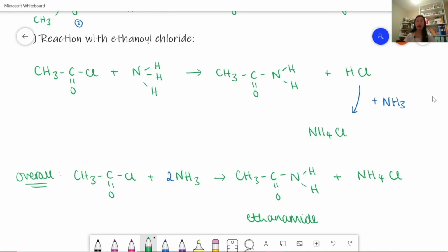So again, how we've got the amide is that we've broken off this chlorine here, and this partially positive carbon has reacted with the lone pair of electrons on the nitrogen, and then one of the hydrogens off the ammonia has been removed, and this hydrogen then reacts with the chlorine removed from the ethanoyl chloride to form hydrochloric acid, and this hydrochloric acid then reacts with another mole of ammonia to form NH4Cl.